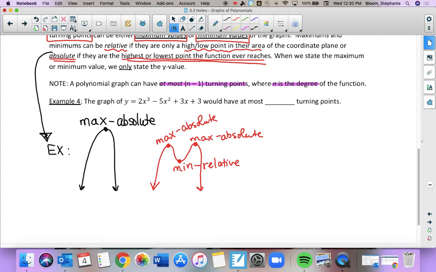So if you don't know, what's the degree of this polynomial right here? 3. So I would do 3 minus 1, which is 2. So that graph would turn at the most 2 times. And it could turn less than that, but at the most 2 times. Okay? Anybody have a question there?